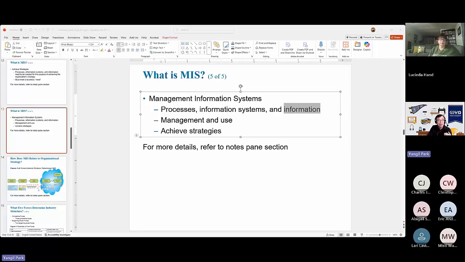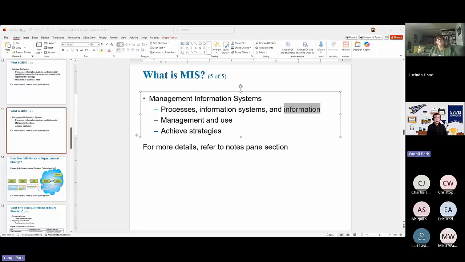But those things happening in the organizational setting, okay? It's not likely happening in individual. It can happen, but usually information system referred to as those things that are created in organizational setting, okay? So I think that's my definition of information systems.